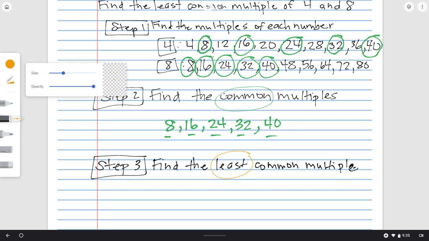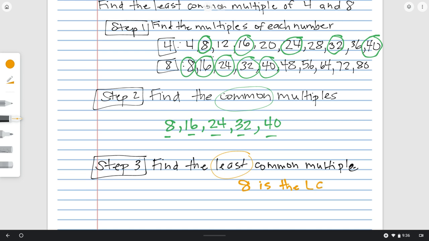And hopefully you all answer this with the number 8. 8 is the least common multiple of 4 and 8. So whenever we say least common multiple, we're just comparing two numbers. We're comparing 4 and we're comparing 8 in this problem. And once we compared them and found their multiples, we saw what did they have in common. They had an 8 in common and it was the least.